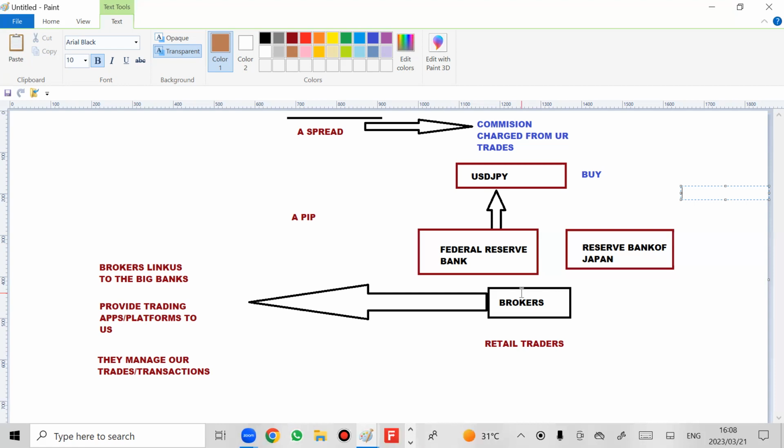Your trade is running. Even if you make profits or loss, they have to make sure your trade is running and your transaction is through. You understood? Yes. It's the reason why I'm saying brokers manage our trades or transactions.